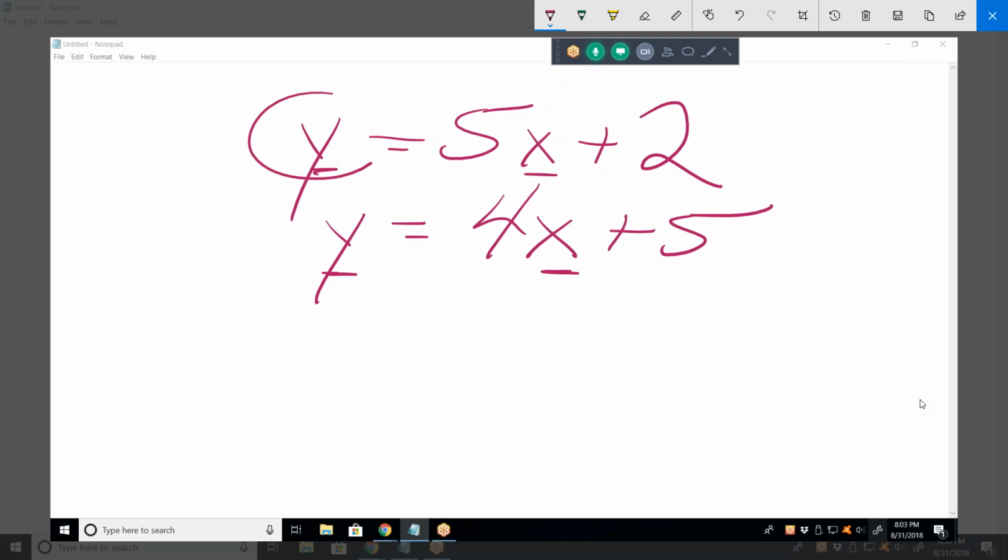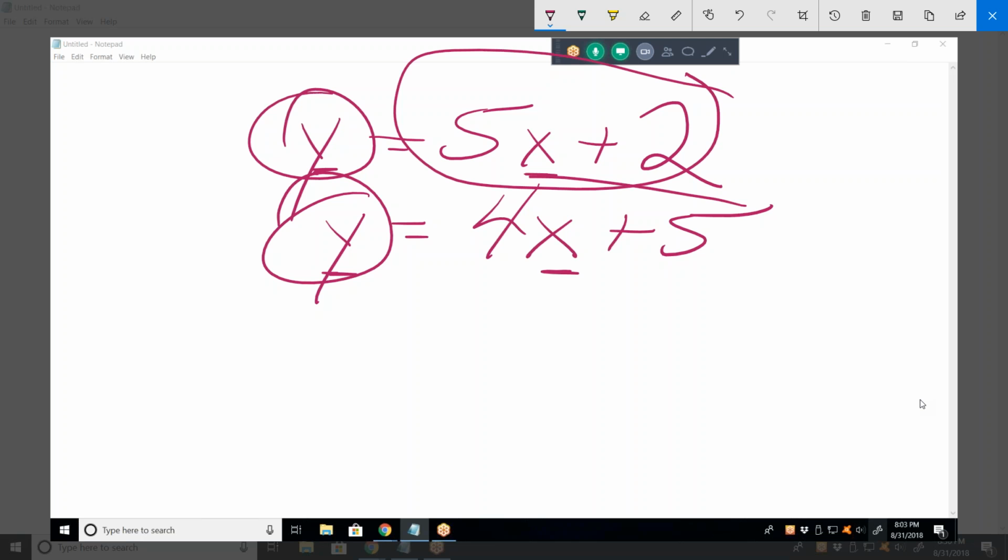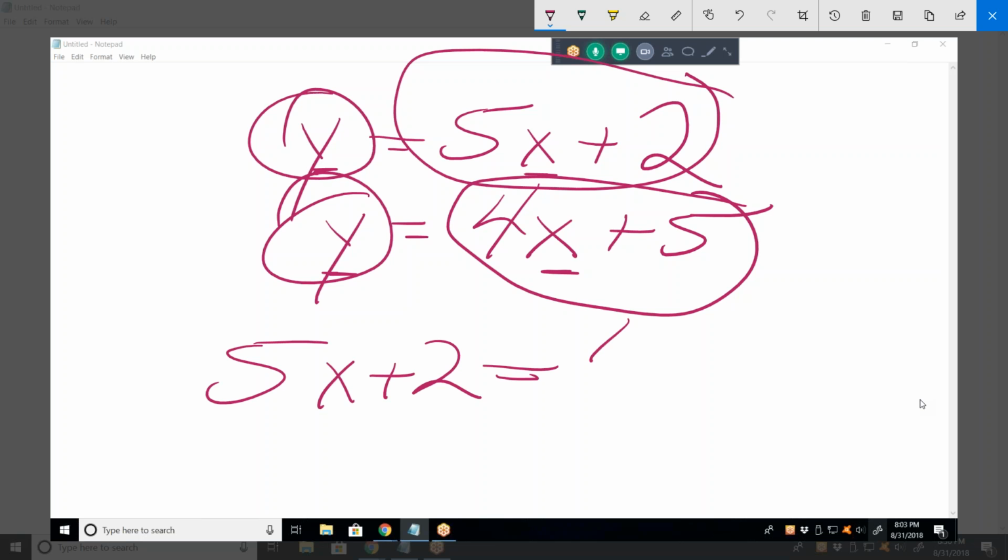So if these two y's are the same, what else is true? This is equal to this, right? If they're both equal to y, and the y's are the same, then I can say 5x plus 2 equals 4x plus 5. Now solve that.